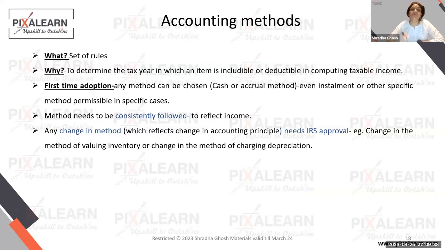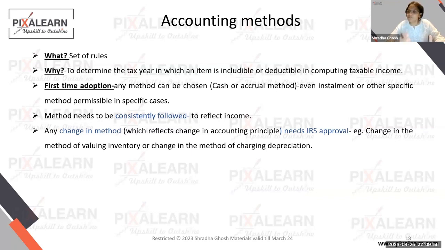Now, whenever there is a change in the accounting principle, that means I'm changing the methods, then we need to take the IRS approval. We cannot make the changes suo motu. Why? Because the IRS is always going to assume that you are trying to evade taxes.